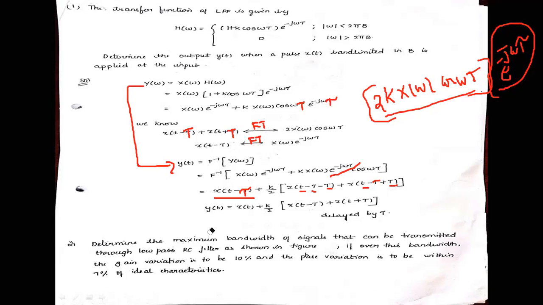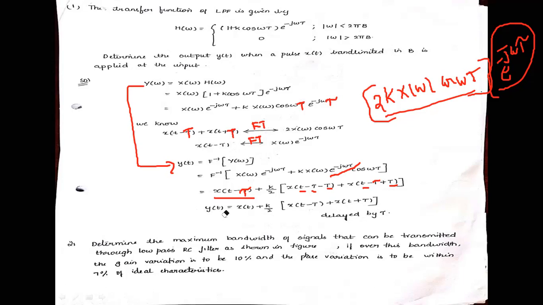Now I can simplify this function. Y of t is equal to x of t, the delayed function. You see, the function is k by 2 x of t minus tau, not the t minus tau, my dear students, T minus T and x of t plus T, delayed by the tau.